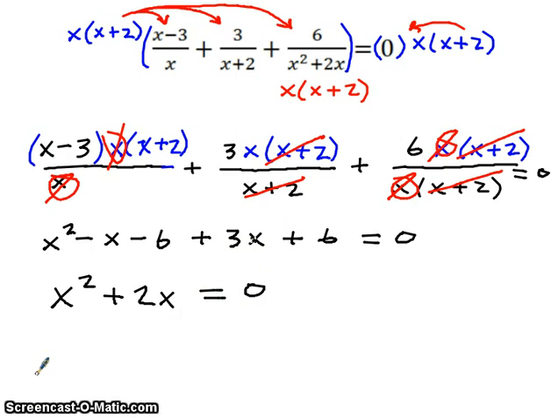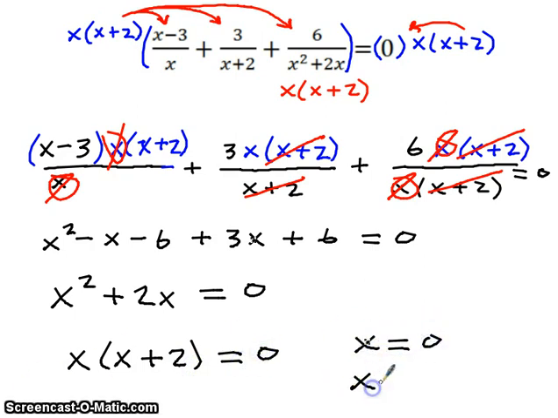And wow, what do you know? If we factor out an x, we have x times x plus 2, and that gives us x equals 0 and x equals negative 2.